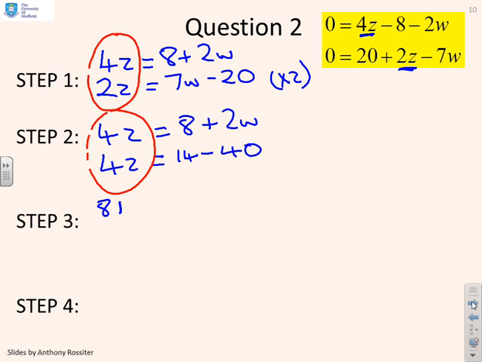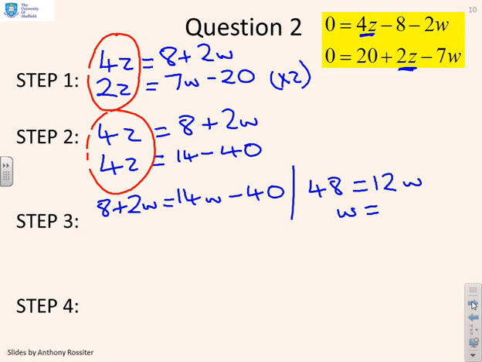So I get 8 plus 2w equals 14w minus 40. And now if I bring common terms together there, I'm going to get 48 equals 16. Sorry, not 16. My algebra's gone wrong there. Not 16, but 12w. And so that tells me that w equals 4.